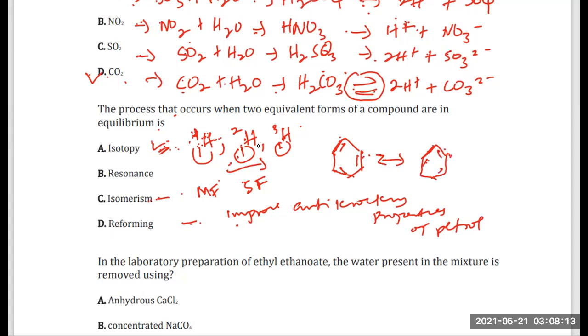These two canonical structures are in resonance, such that I can have benzene in this form, and I can actually have benzene like this. That is because I can have two equivalent forms of the compound. So we call this phenomenon resonance.